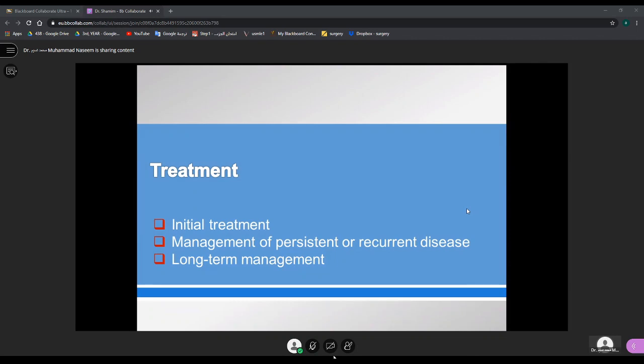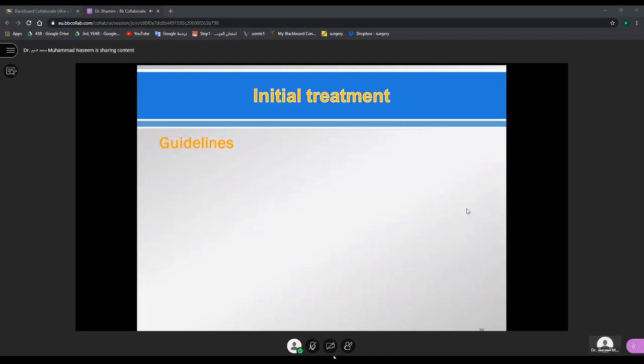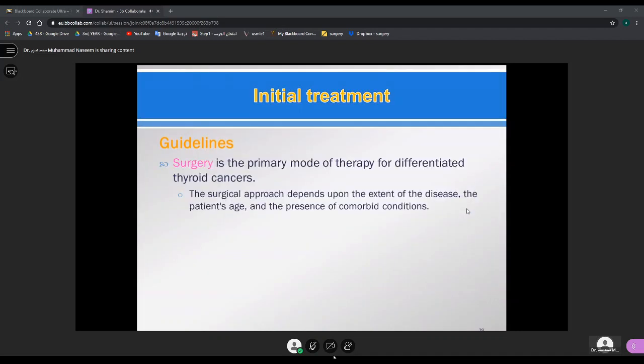Treatment guidelines: this patient needs initial treatment, usually surgery, followed by management of persistent or recurrent disease, and then long-term management or follow-up. Initial treatment guidelines: surgery is the primary mode of therapy for differentiated thyroid cancer.